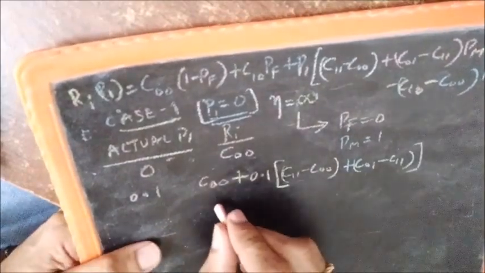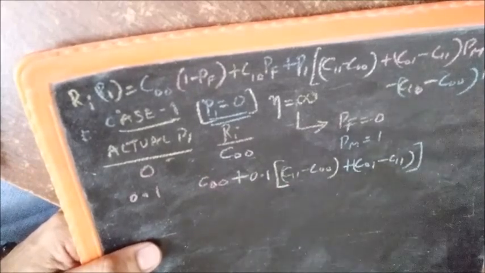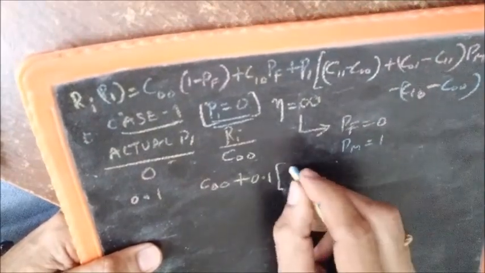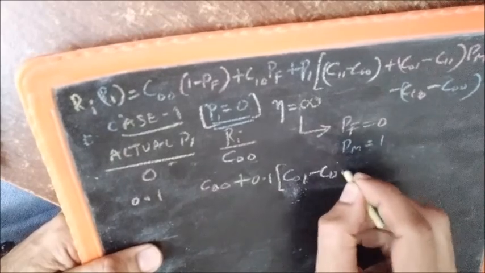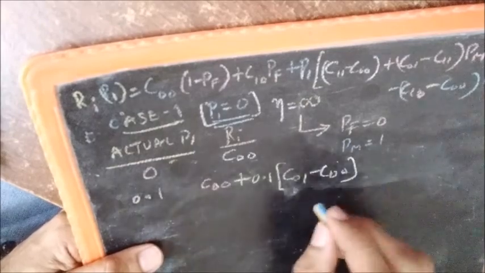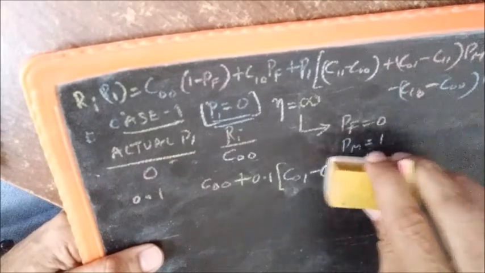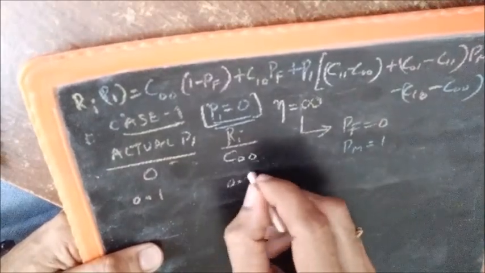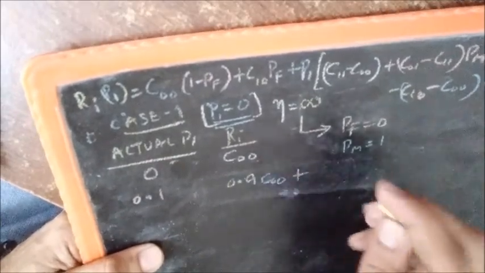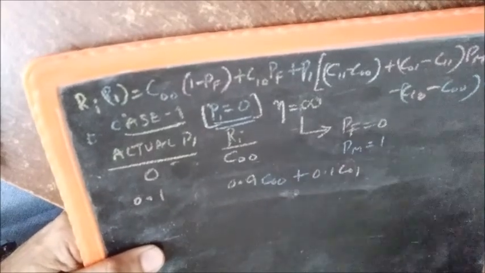Now if you expand this, you will see that C11 will cancel, and you will have C01 minus C00, and C00 minus 0.1 C00 will give 0.9 C00, plus you will get 0.1 C01.